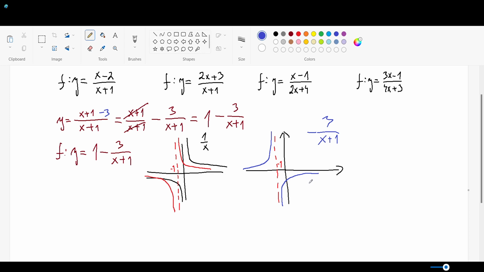Okay, and what we want to do with this function, basically we can change this definition or description. We add number 1.